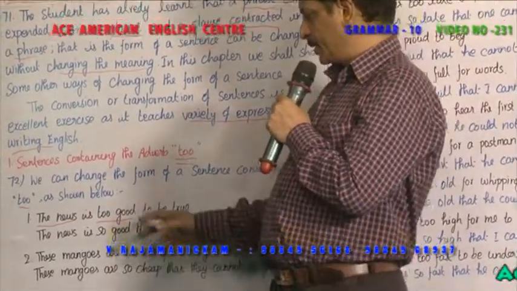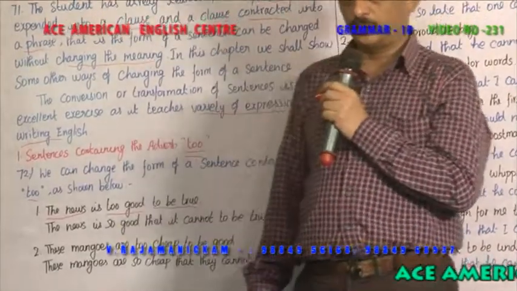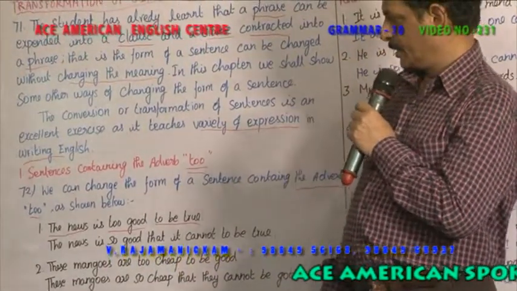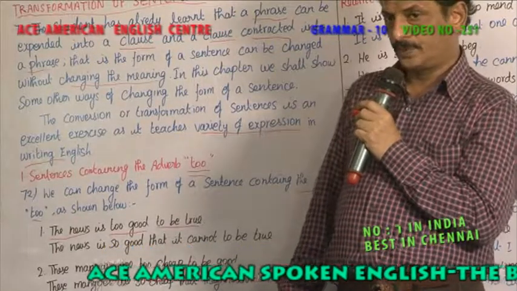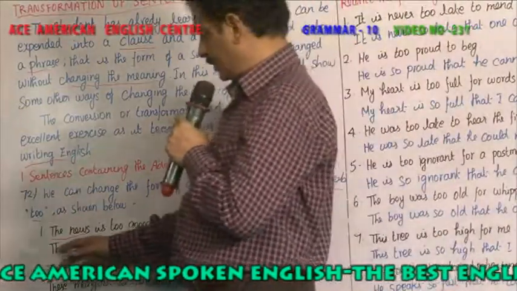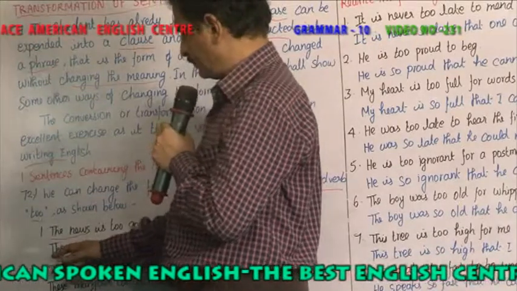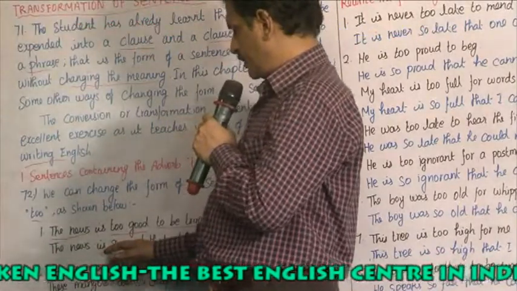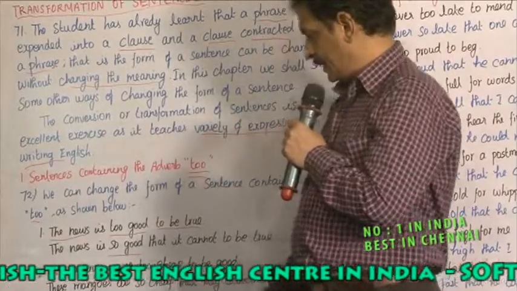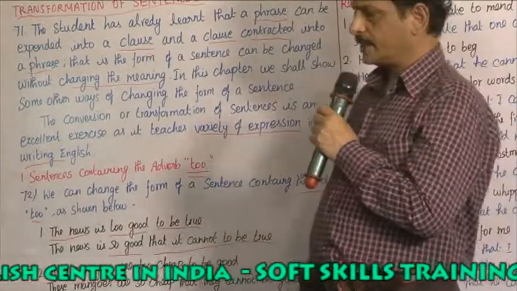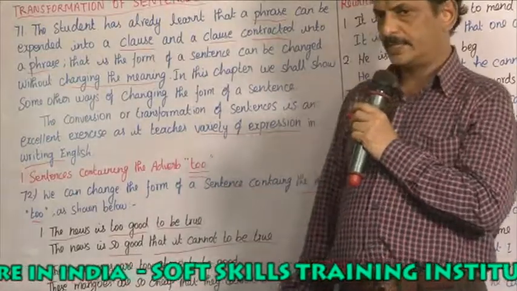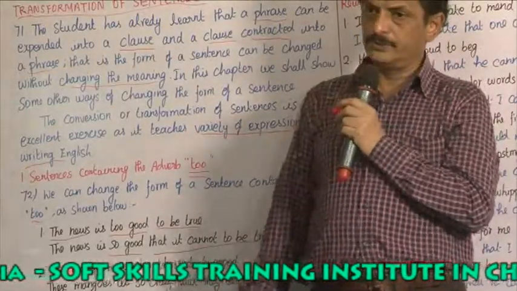So the news is too good to be true means what? The news is so good that it cannot be true. Is the meaning of the sentence the same? Yes.